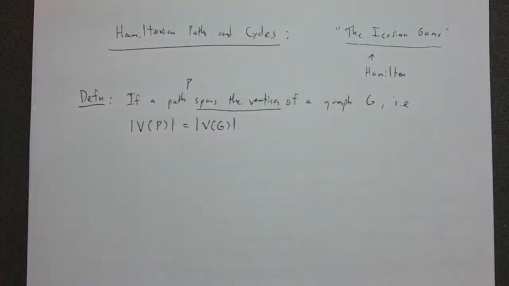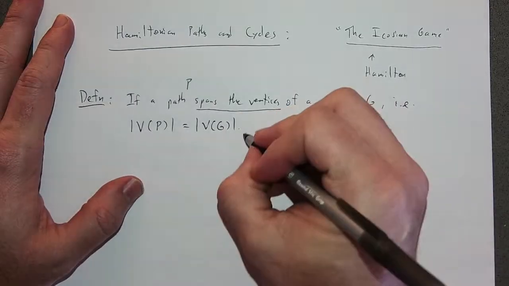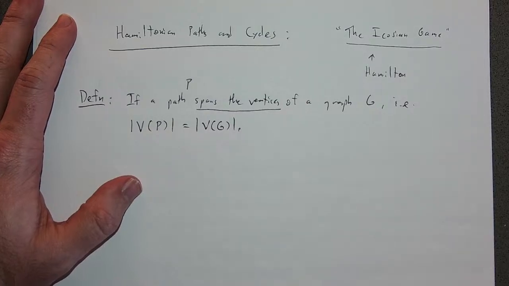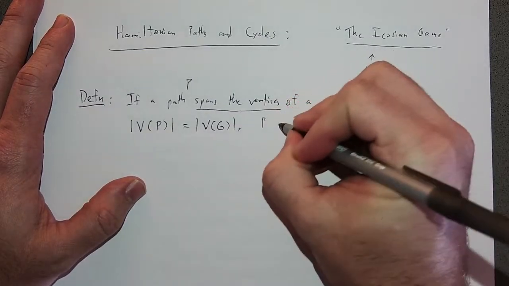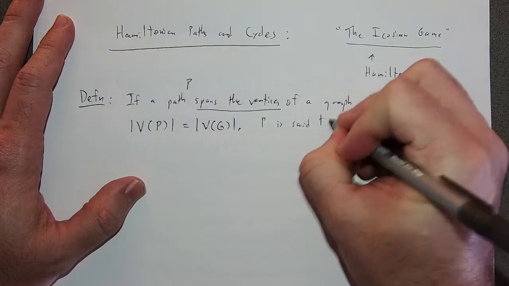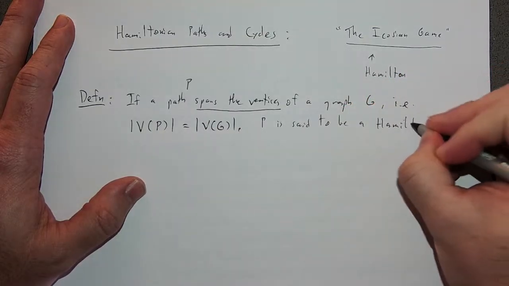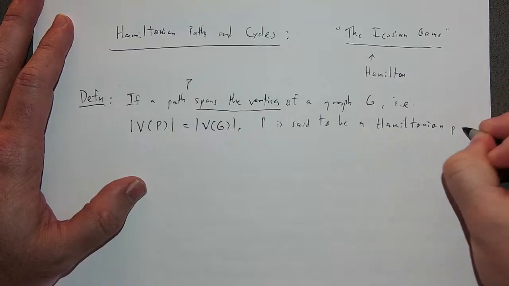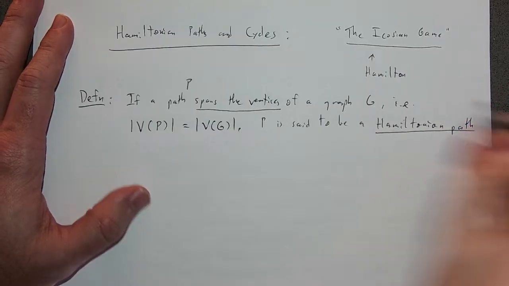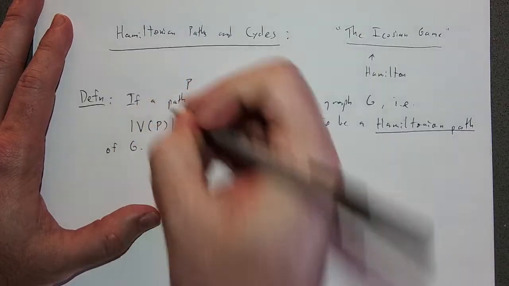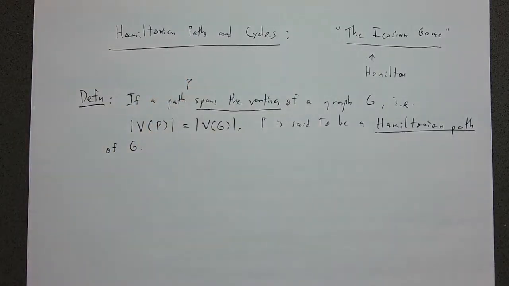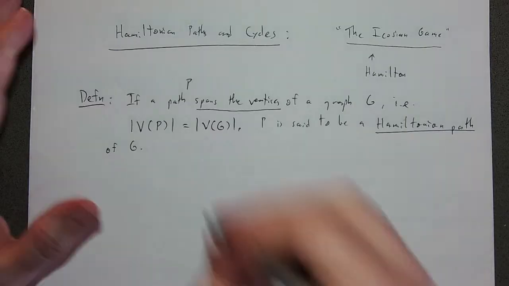So it just means that this is all the vertices of G. Okay. So if a path spans the vertices of graph G, P is said to be a Hamiltonian path of G. Any graph containing a Hamiltonian path is called traceable.